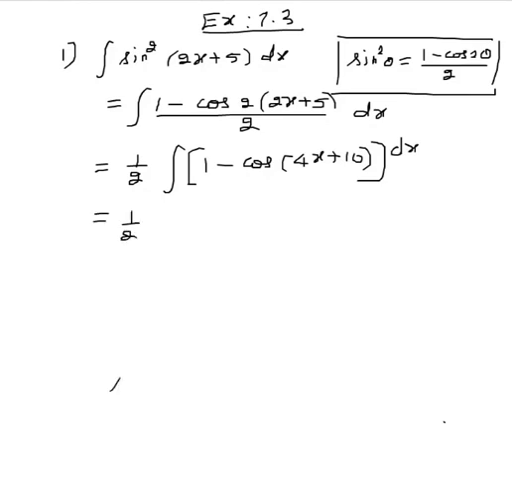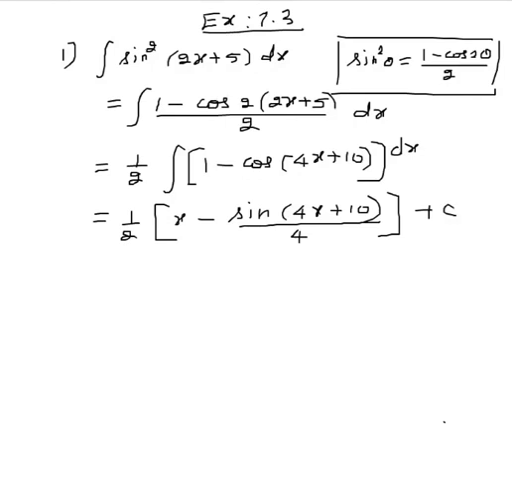There is no power for cos function. Integral of 1 is x and integral of cos is sine of 4x plus 10 and divide by the coefficient of x term. This is a linear function in x, so we can directly integrate. And plus c.